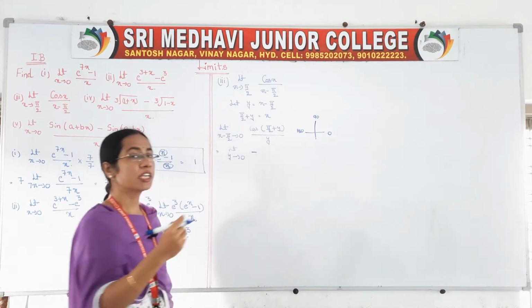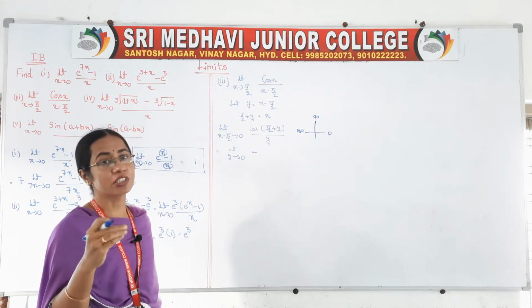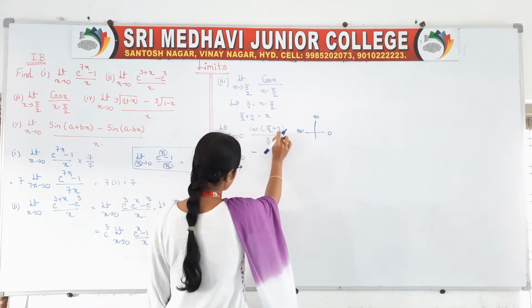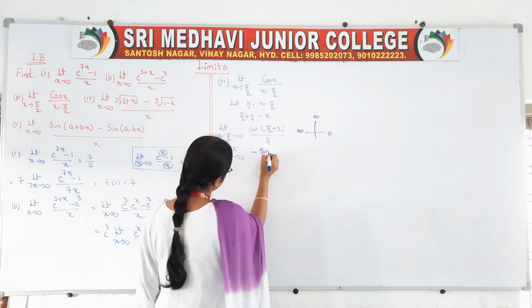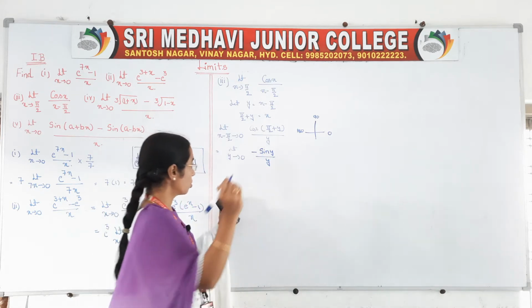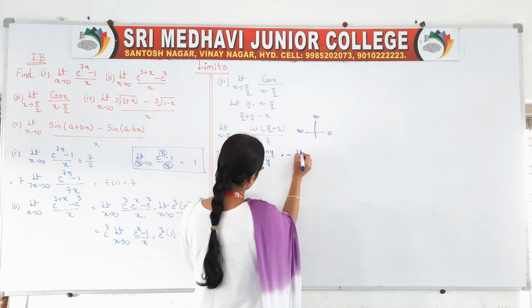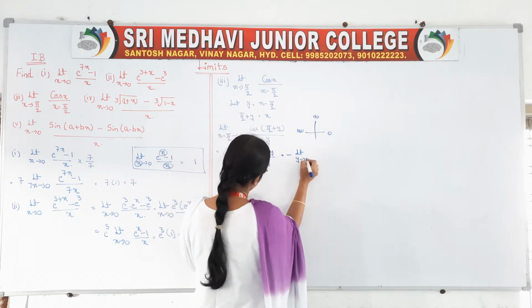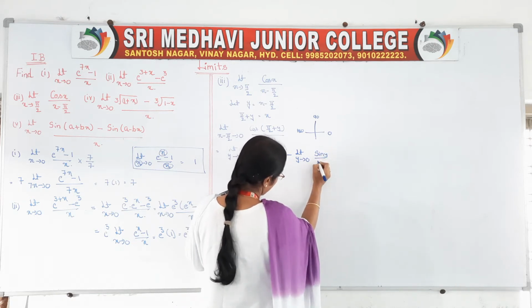Now come to the ratio. For 90 plus theta, the ratio changes, cos changes to sine of theta. Here in the theta place you have y, so it is sine y by y. So you take a minus outside, so limit y tends to 0, sine y by y.